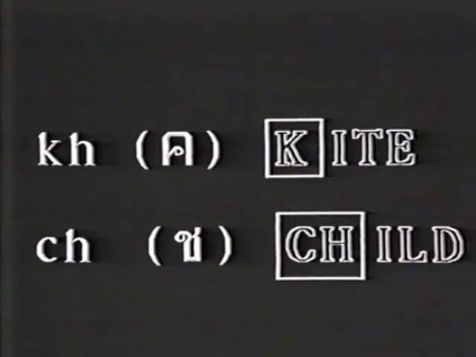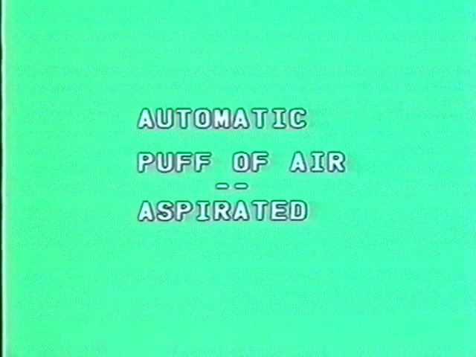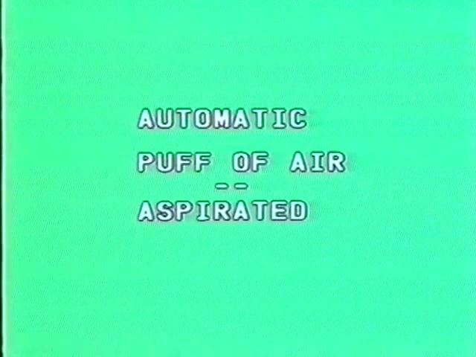These sounds, along with kh, k, and ch, are called aspirated. This means when they are made, they have an automatic puff of air. Thai also has corresponding unaspirated sounds without this air puff, and if you're a native speaker of English, you'll probably need some practice with these.